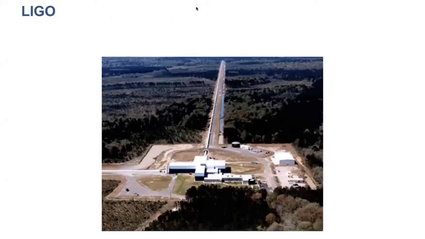Let's think about how we actually do this in practice. Here is one of the LIGO observatories. LIGO is short for the Laser Interferometric Gravitational Observatory. And this is a giant laser facility. So I don't know if you can see this very well, but this is the station where the lasers are generated and also detected.